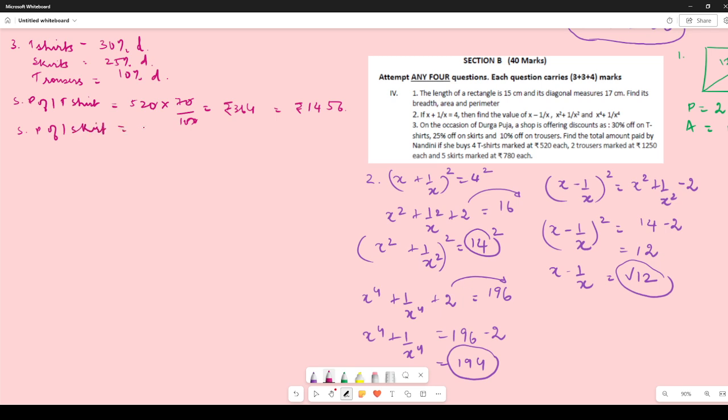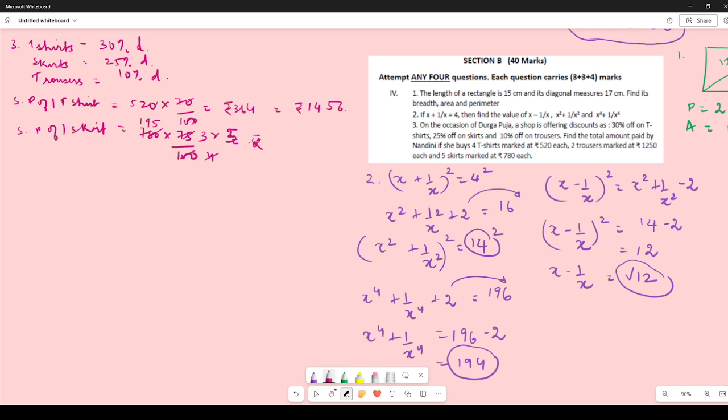Okay, now SP of one skirt, 25% discount. So skirt costs how much? Skirt costs 780. 780 into 75 by 100. Right? So you get this 3, 4. This will be 24. 4 ones 4, 4 nines 36. 20, 195 into 3, that makes it, or you do it into 2 as well, because there are 2, how many skirts did she buy? 5 skirts, sorry.